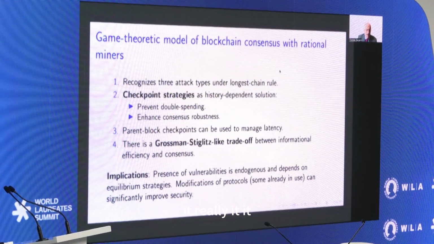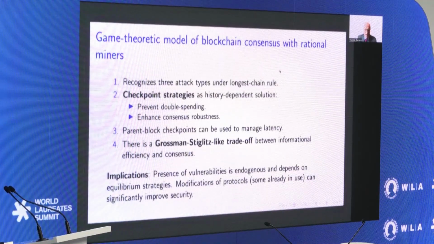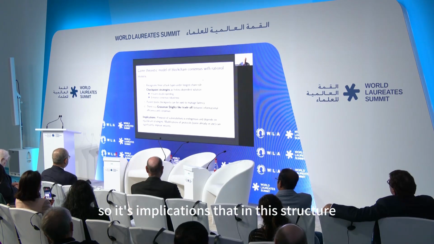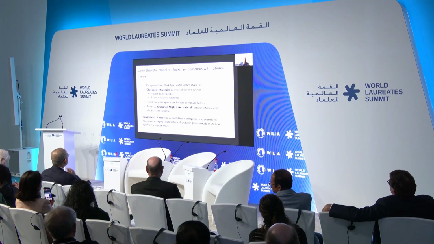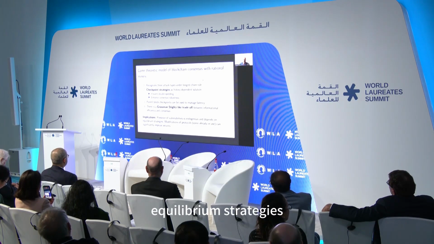It identifies a characteristic of blockchains that's pervasive, a Grossman-Stiglitz-like trade-off between informational efficiency and consensus. You cannot have both. So this identifies a limitation of all kinds of blockchains. Its implication is that in this structure, vulnerabilities are endogenous, and they depend on equilibrium strategies.